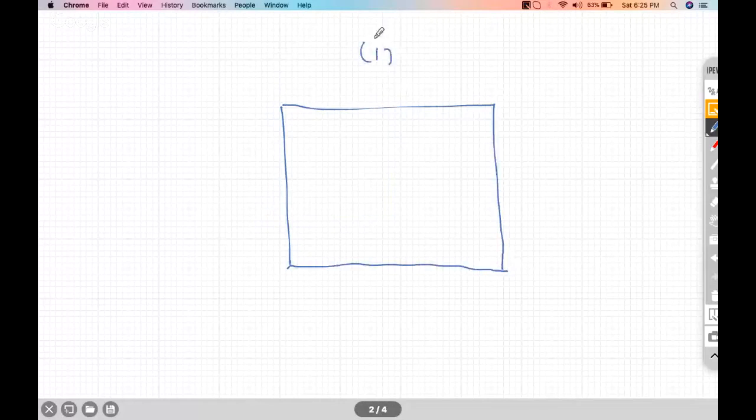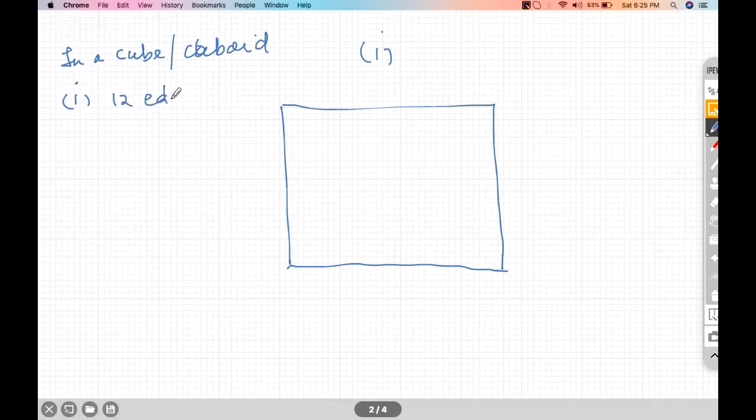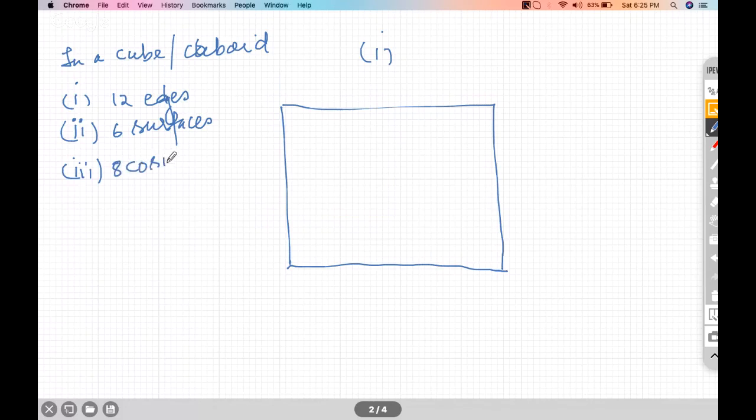In a cube or cuboid, how many surfaces would be there? 12 edges, 6 surfaces, 8 corners are there. So try to understand.